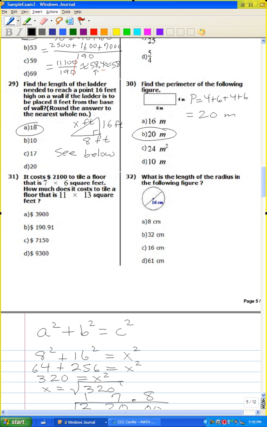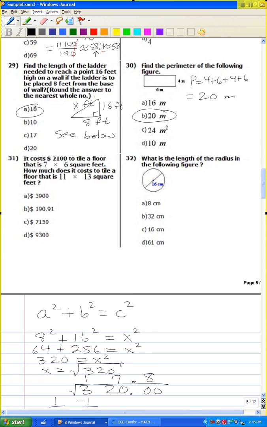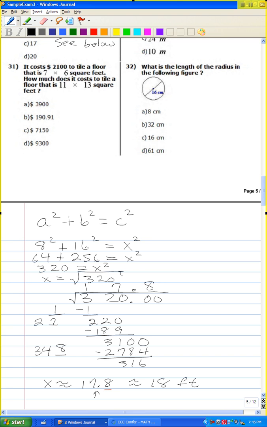Let me do problem 31. It costs $2,100 to tile a floor that is 4 by 6. How much does it cost to tile a floor that's 11 by 13? So let's look at that below.